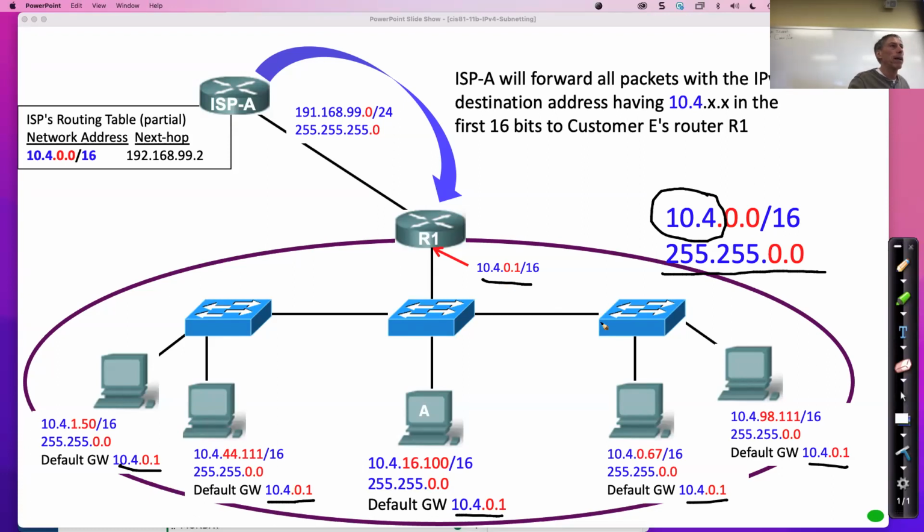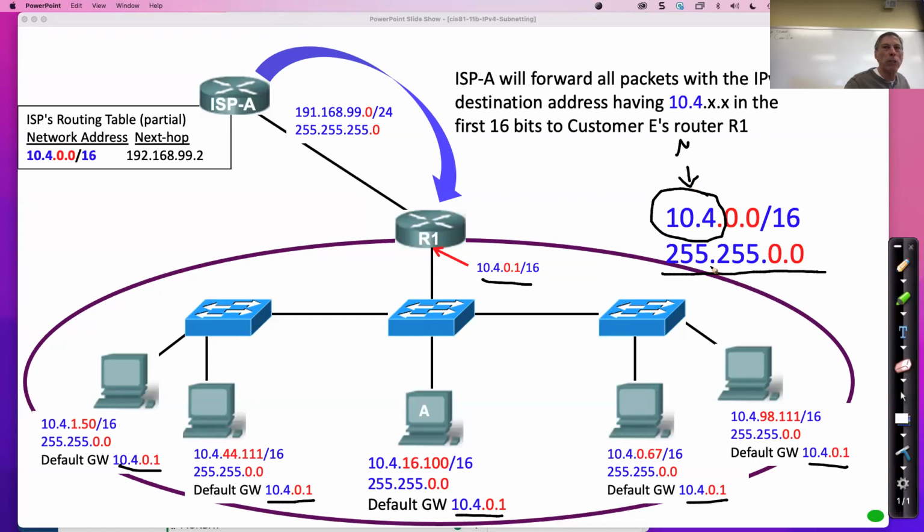Question? Subnet mask what? When you subnet, you have to change the mask. So that's what subnetting really is, modifying the mask. When you modify the mask, you're now indicating what the network portion is.